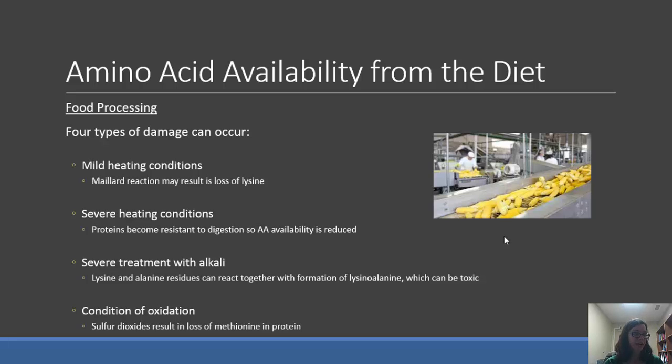For instance, sulfur dioxide is added to foods, which I see in ingredient lists at the grocery store all the time. I see it in dried fruit a lot, which is always discouraging. But these can result in the loss of methionine.